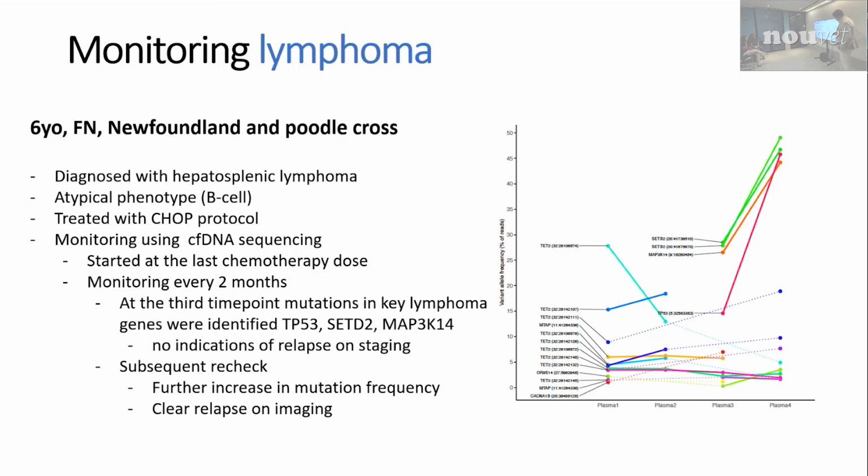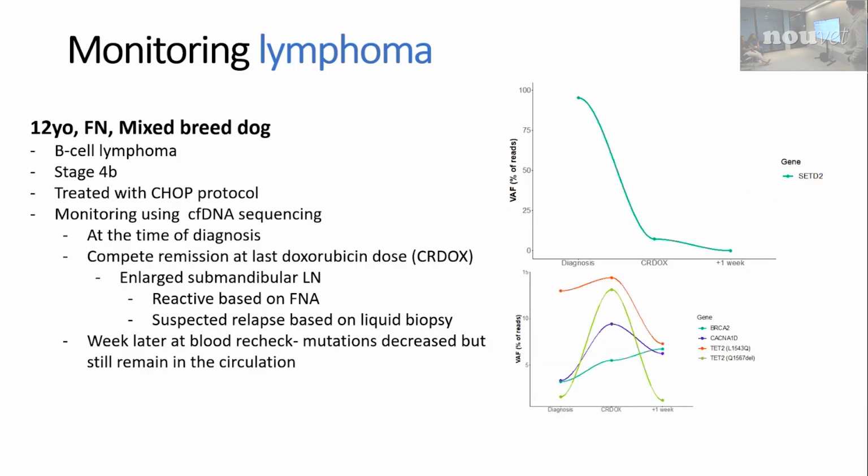Then a couple of weeks later, the dog came back for a recheck, and it had clear clinical signs of relapse, which followed what we saw in the molecular way as well. So that's a really nice case to illustrate that we can find things earlier.